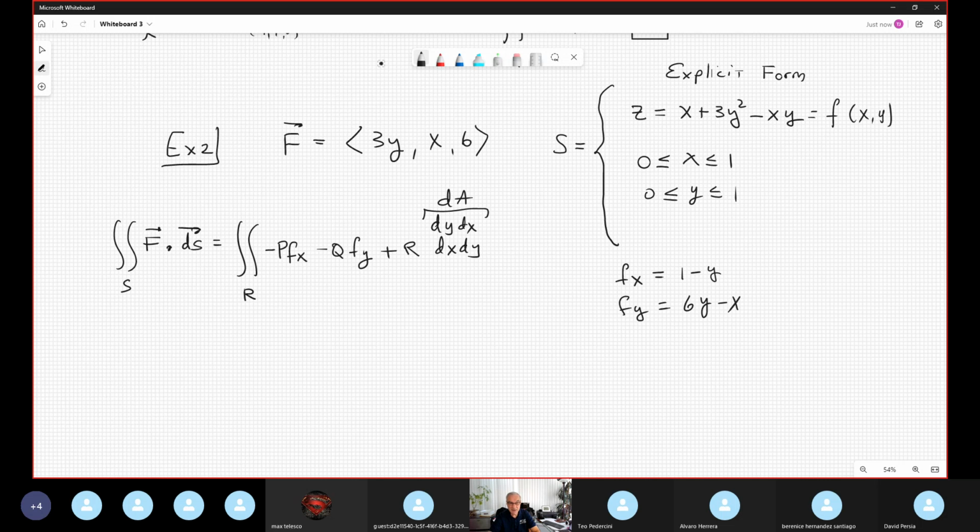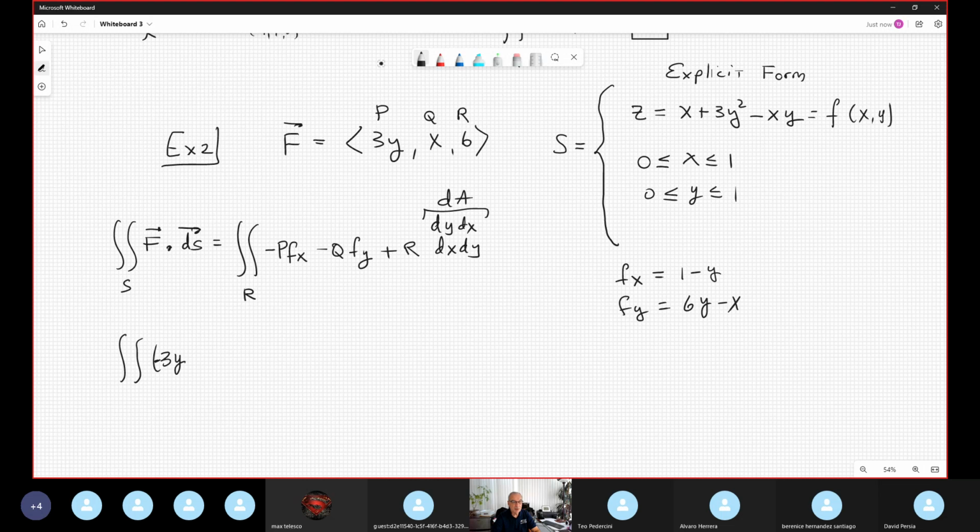And the rest is easy. The rest is plugging everything together. Who is P? This is P, this is Q, this is R. So now the double integral, after I set out the limits. Here we have minus.